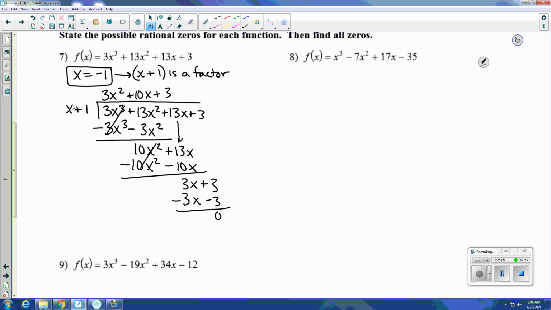Now, here's the thing. If we're dividing the polynomial by something that we have deemed a factor, then the remainder better be 0. If the remainder is not 0, then either your factor is incorrect or you identified the wrong zero from your list.